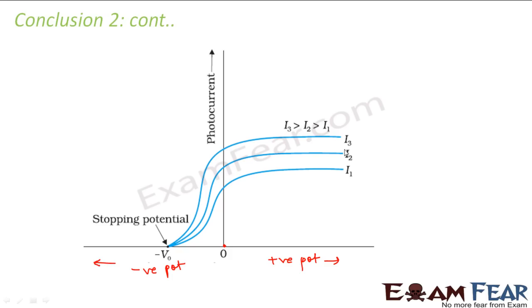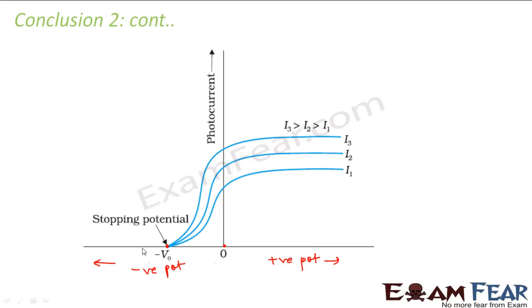For different intensities of light, we used 3 different intensities, I1, I2 and I3, and we actually performed these experiments, right? We measured the values of photocurrent by increasing the positive potential, and again by increasing the negative potential. When we plotted them on a graph, we saw that the value of stopping potential for all the 3 intensities was the same. So this shows that stopping potential does not depend upon the intensity of light, right?